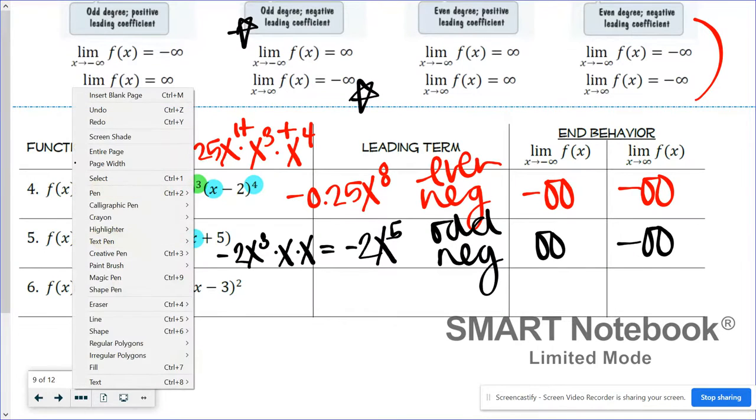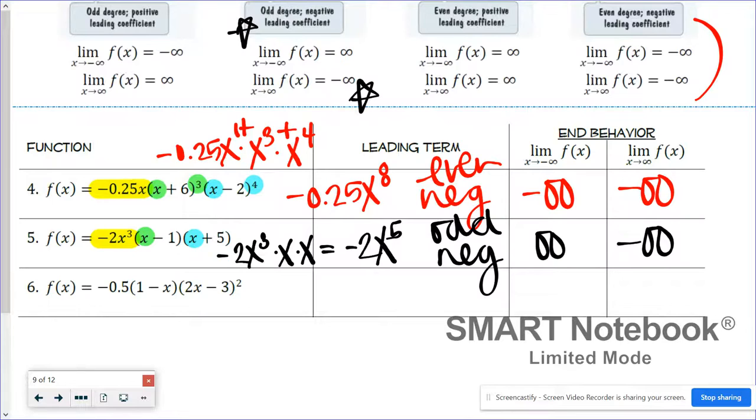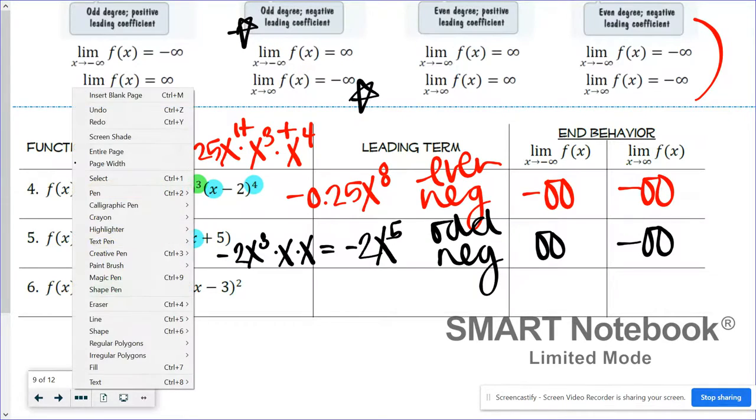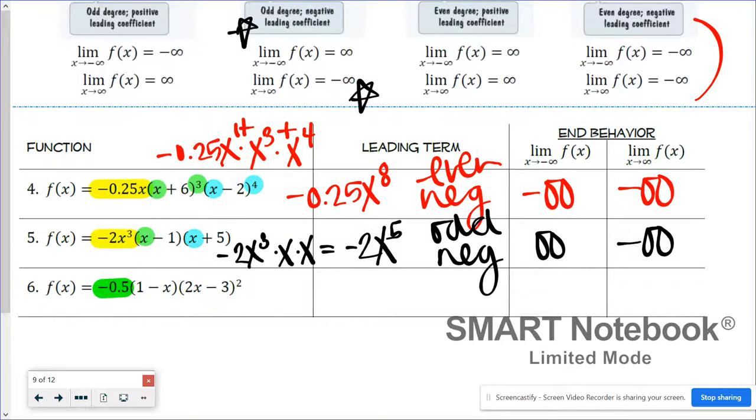In number 6, I'm going to identify the leading term of each factor. The first one is negative 0.5. The second one, be careful here. Look at the order of things. You have 1 minus x. X still has the larger degree. Don't ignore that negative.